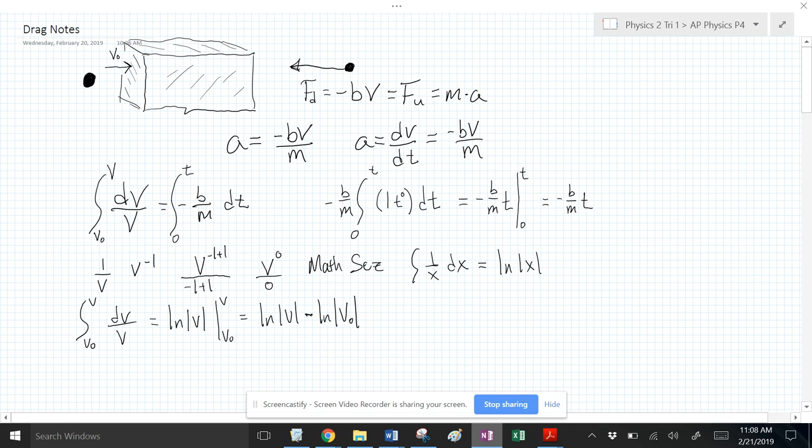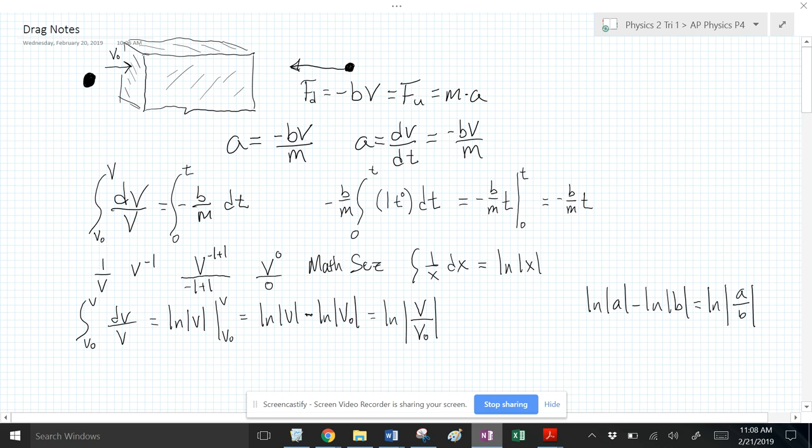Okay, and then there's another math thing that we need to be aware of, and you can check this on your calculator. If you have the natural log of a minus the natural log of b, that is equivalent to the natural log of a over b. So this is going to become the natural log of v over v naught.